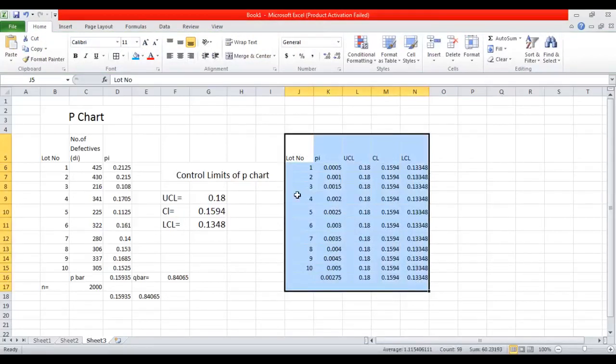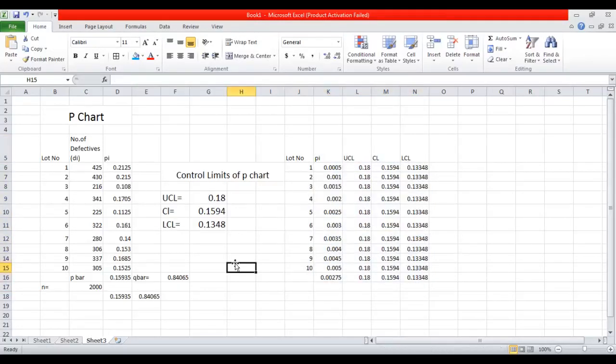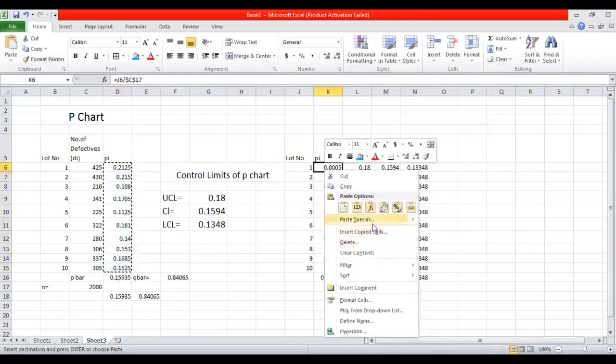As all the PI values are very close, the PI values are not copied properly. As we have formulas, I didn't use paste special.